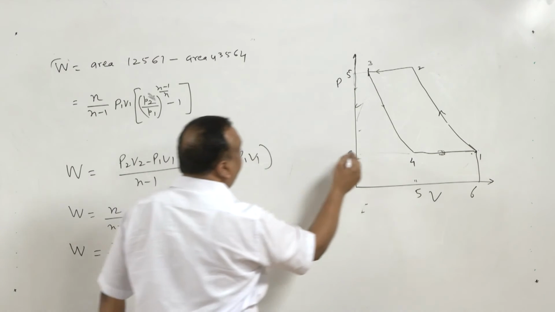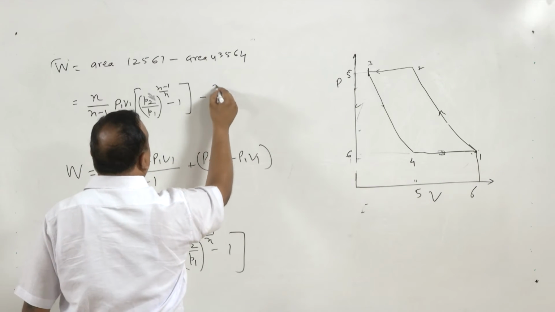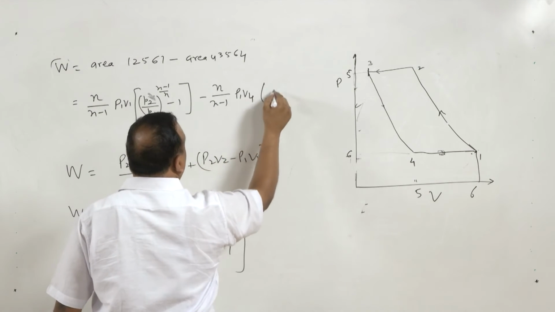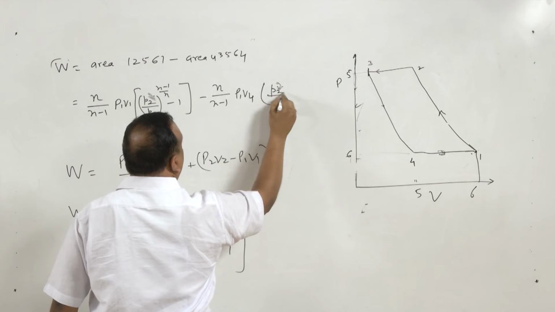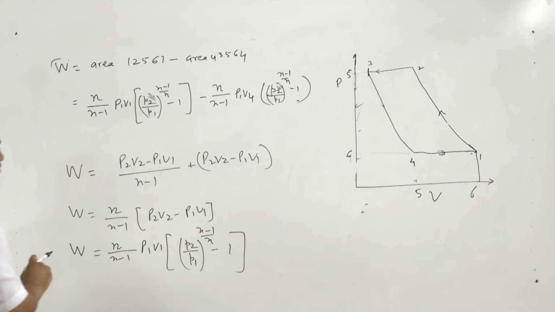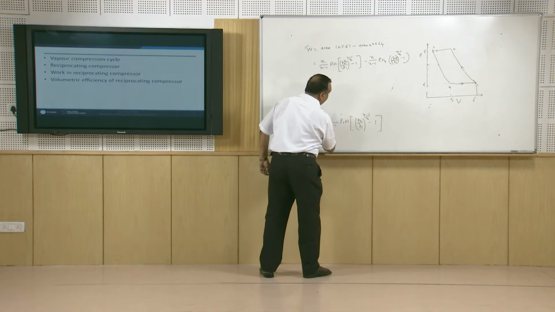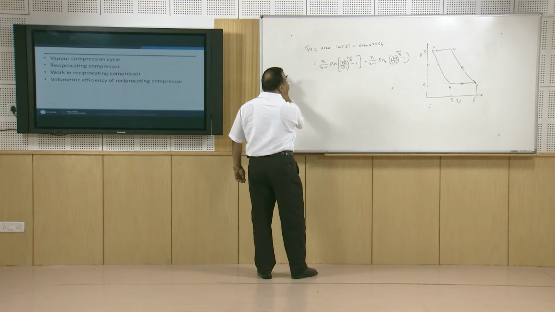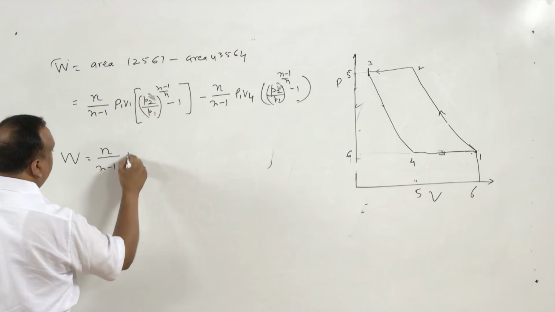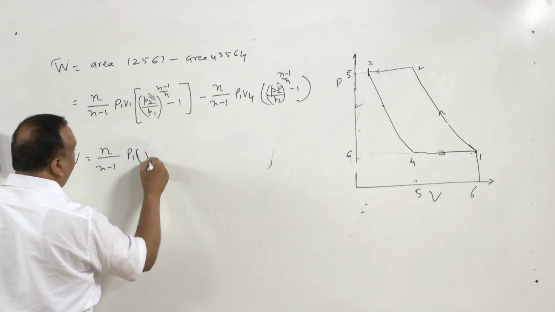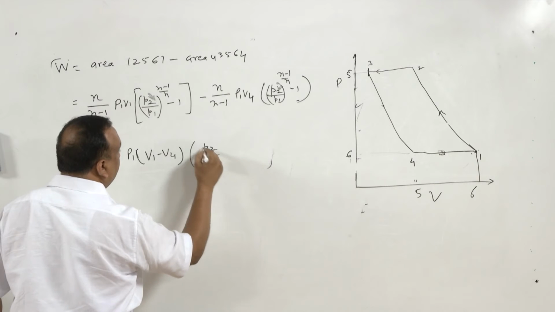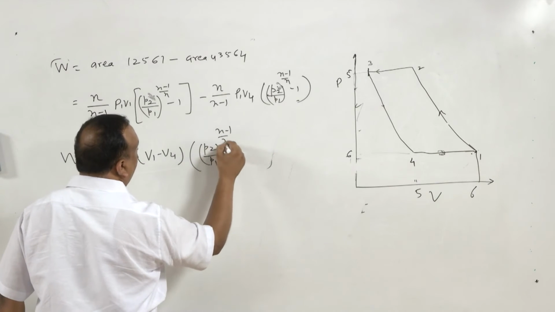In a similar fashion we can find the area for this as n upon (n minus 1) P1 V4 [(P2 by P1) raised to power (n minus 1) upon n, minus 1]. And the net work consumed by the compressor during compression of vapor is going to be n upon (n minus 1) P1 (V1 minus V4) [(P2 by P1) raised to power (n minus 1) upon n, minus 1].